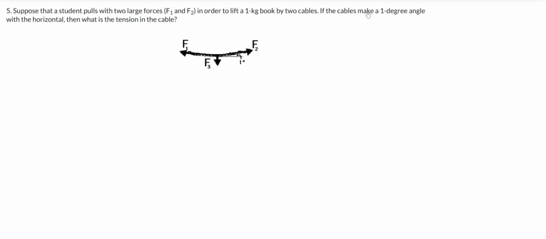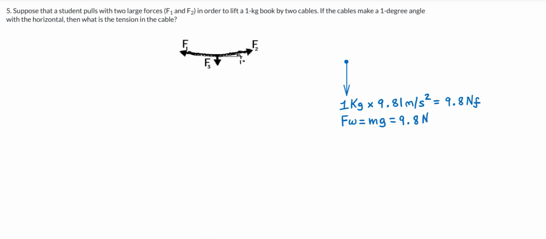If the cables make a 1 degree angle with the horizontal, then what is the tension in the cable, or in each cable? So again, we can isolate the 1 kilogram mass, calculate its force weight, 9.81 newtons force weight, based on force weight is equal to mass times gravity.